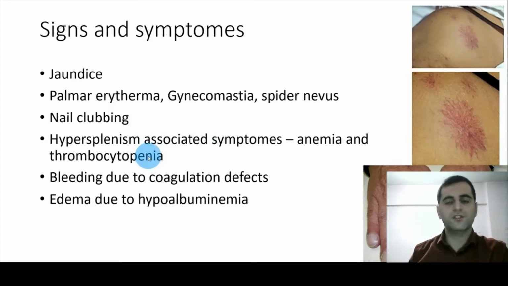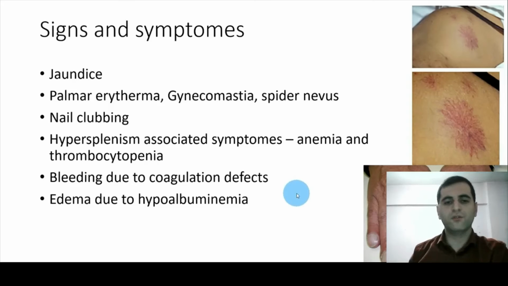Hypersplenism associated symptoms: I have talked about these symptoms. When the spleen works much more than necessary and consumes red blood cells, it causes anemia, and when it consumes platelets, it causes thrombocytopenia. One of the signs and symptoms of cirrhosis is bleeding due to coagulation factor defects. As you know, all of the coagulation factors are synthesized in the liver, except factor 8.